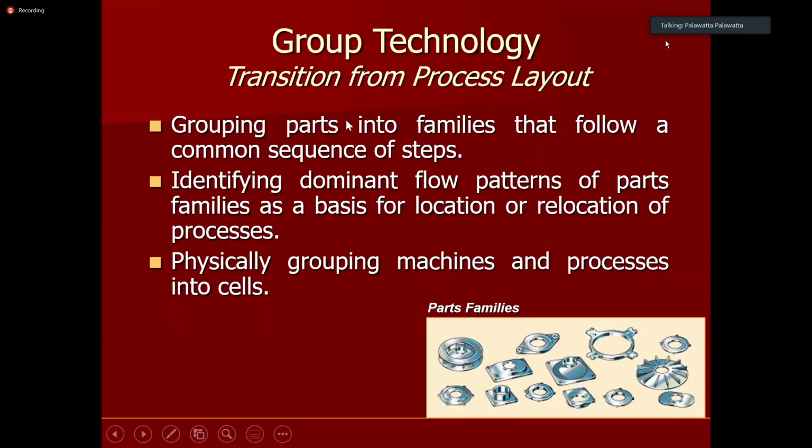So then, grouping parts into families that follow a common sequence of steps, and then identify dominant flow patterns of parts families as a basis for location or relocation of processors, physically grouping machines and processors into cells.